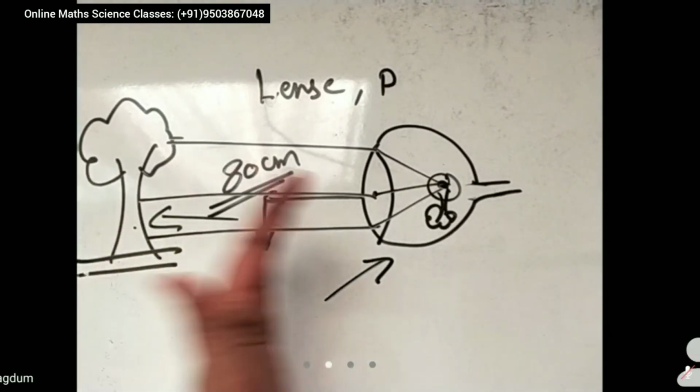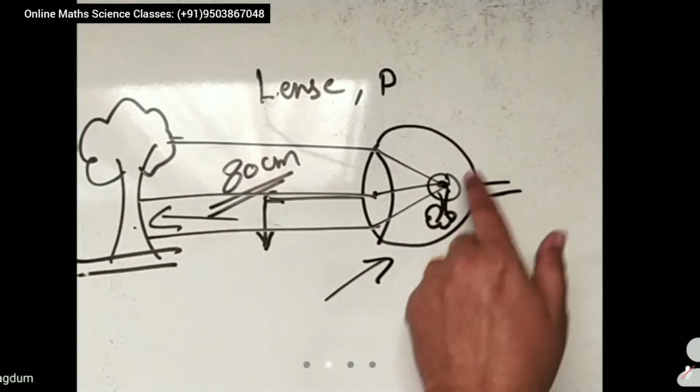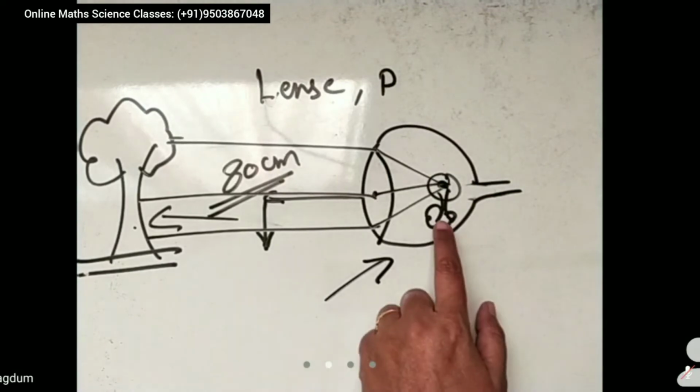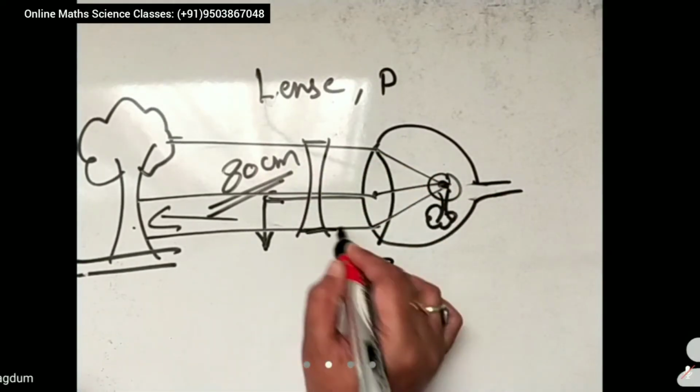दूर के ऑब्जेक्ट्स उसको नहीं दिखेंगे because वो इमेज जो है वो before retina form हो रहा है. तो in this case we have to use a concave lens.